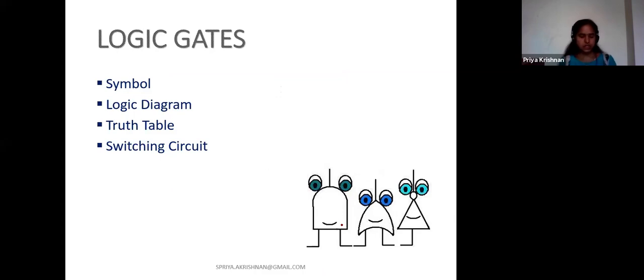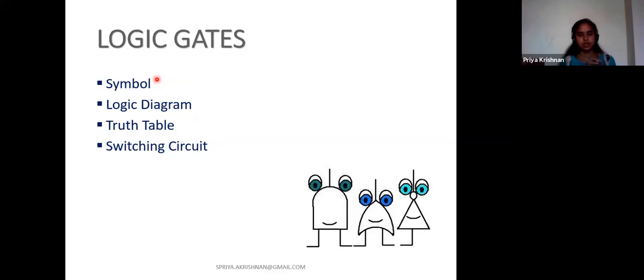For logic gates, we have to remember four different things always while studying them: the symbol, then the logic diagram, then the truth table, and then the switching circuit. Symbol is how the gate will look, how I can remember the gate.